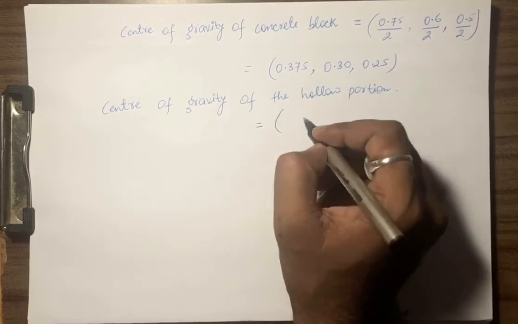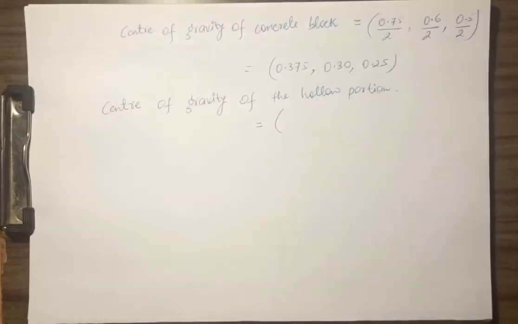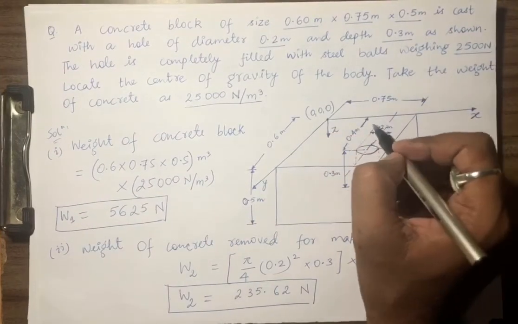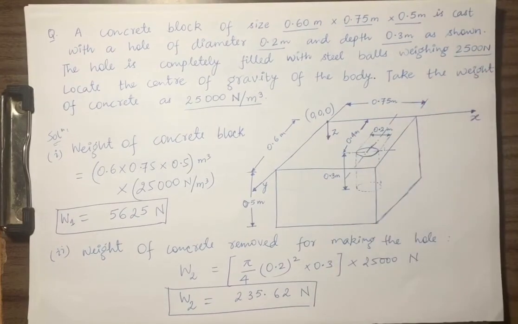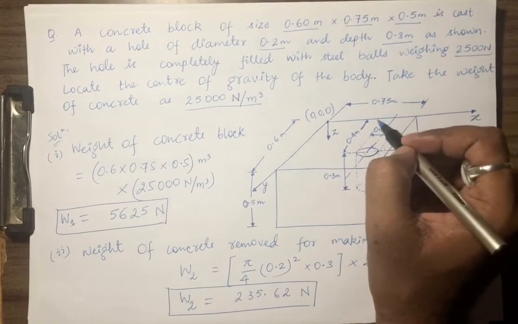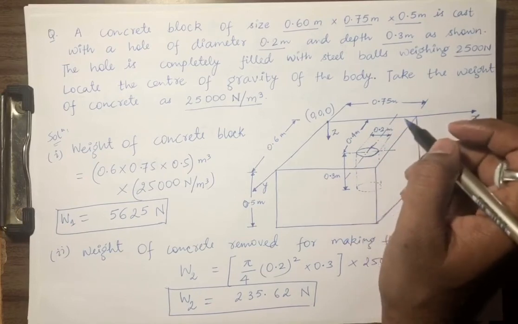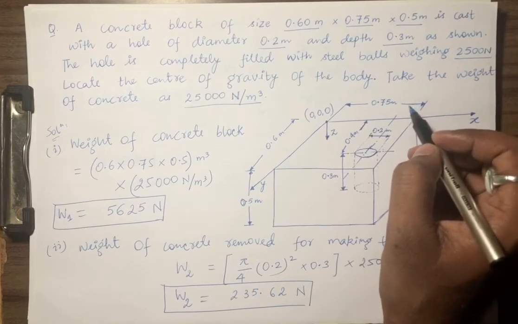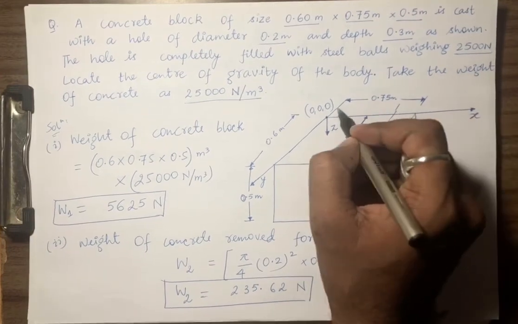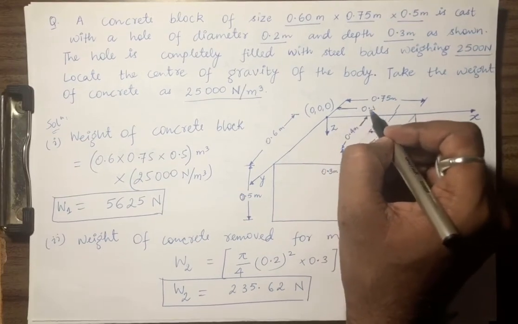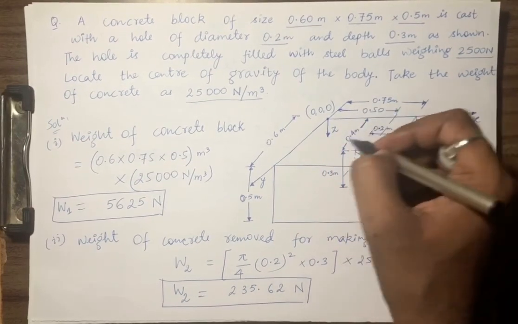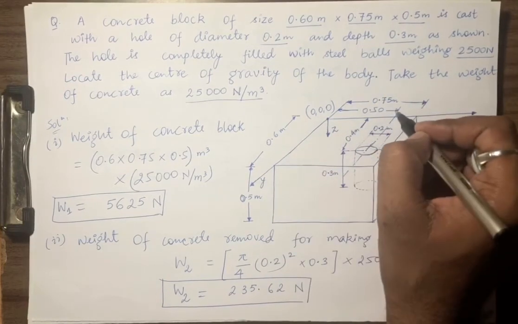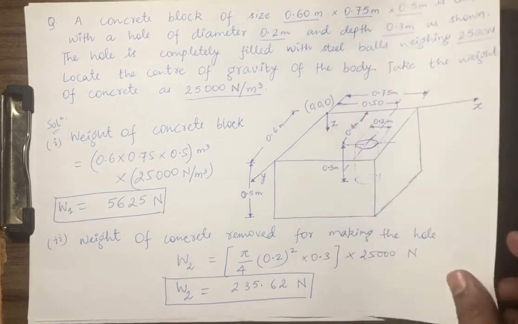Let us try to locate it. So this is 0, 0. The x is given in the question as 0.5, y is 0.4 and z is 0.15.